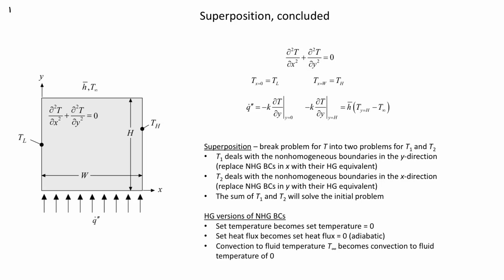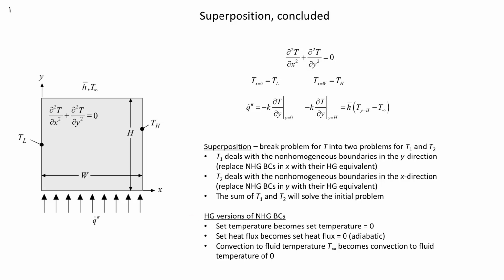Okay, so the main trick, or the challenge, here is to come up with these boundary conditions that are homogeneous. How do you go from what we have now, which is not homogeneous, to a homogeneous problem? The rules that you follow here, I just sort of wrote them out. The rules of how you get homogeneous versions of the non-homogeneous boundary conditions are three things.